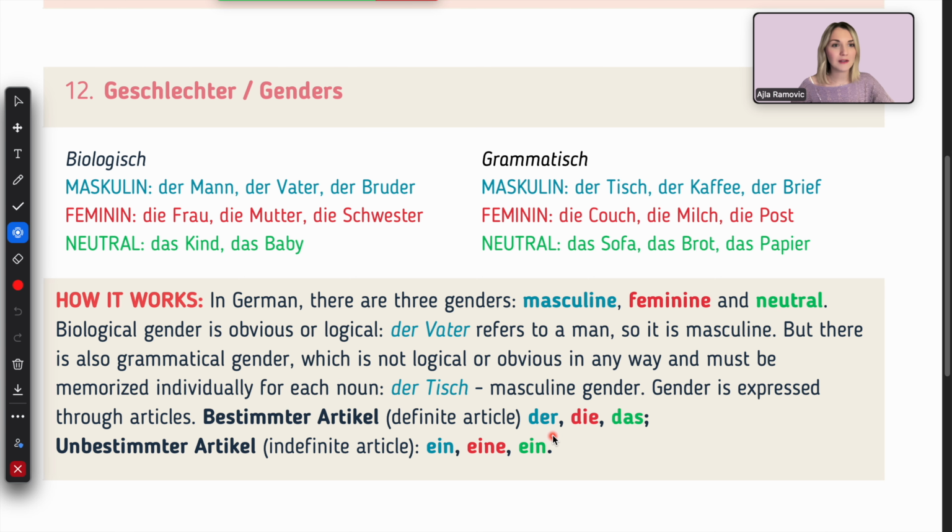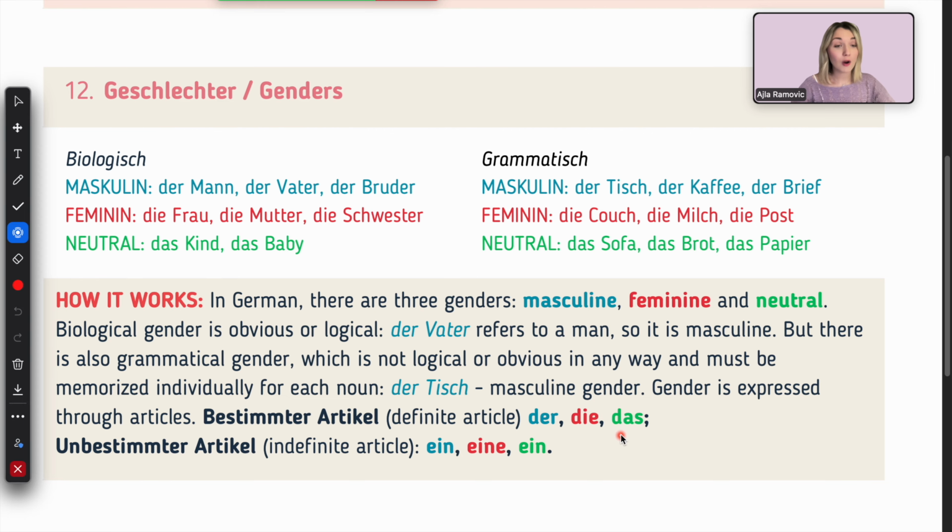The article for the feminine gender is die. And the article for the neutral gender is das. Der masculine, die feminine, das neutral. So this is the definite article, as I said, when speaking about something specific.